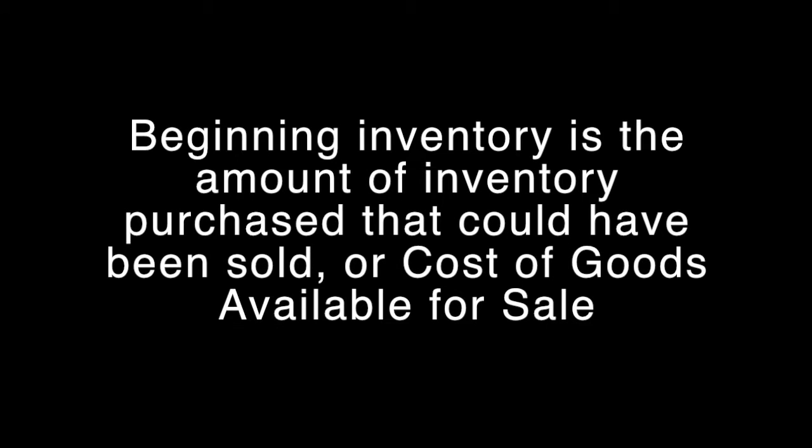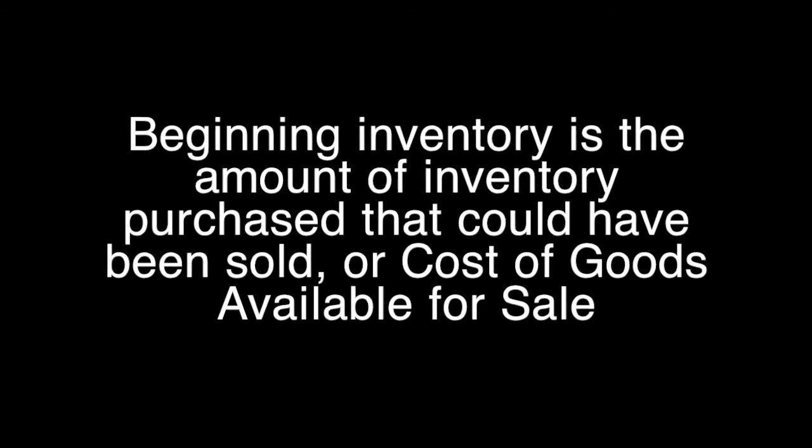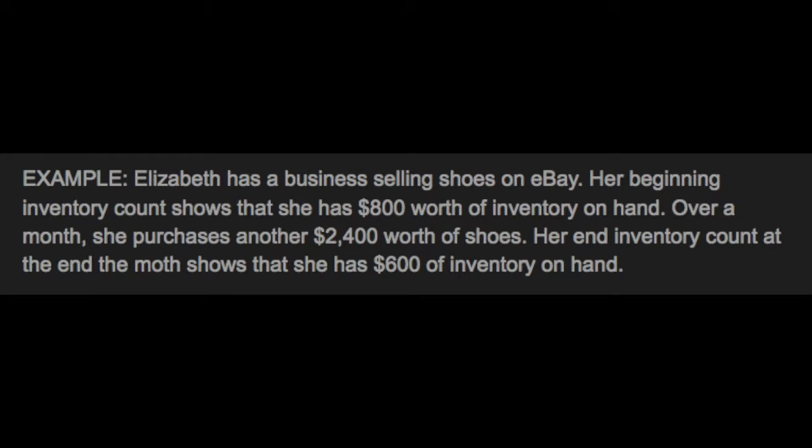Your beginning inventory is the amount of inventory purchase that could have been sold, or the cost of goods available for sale. For example, Elizabeth has a business of selling shoes on eBay. Her beginning inventory count shows that she has $800 worth of inventory on hand. Over a month, she purchases another $2,400 worth of shoes.